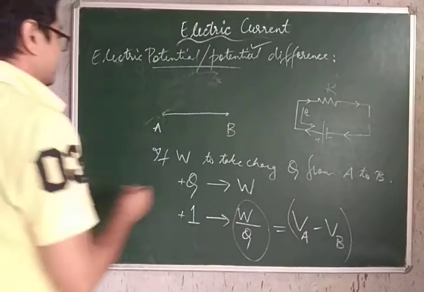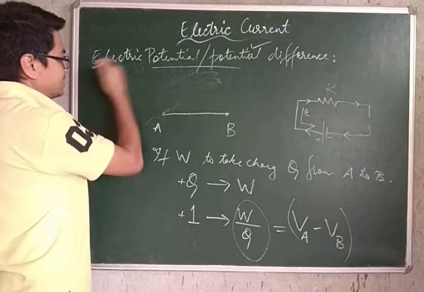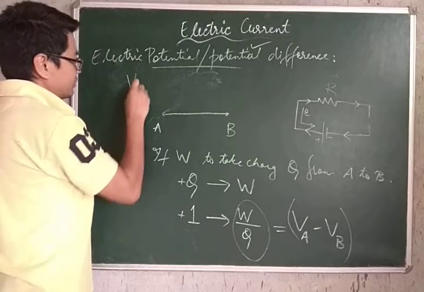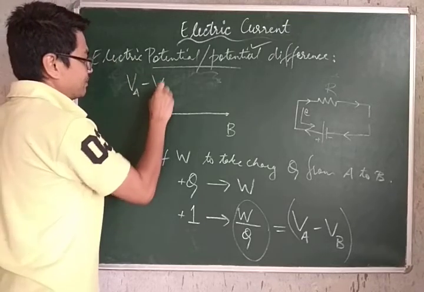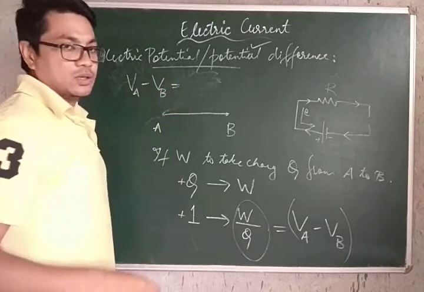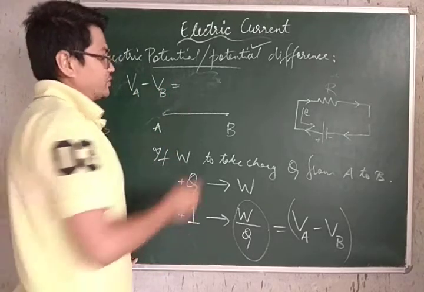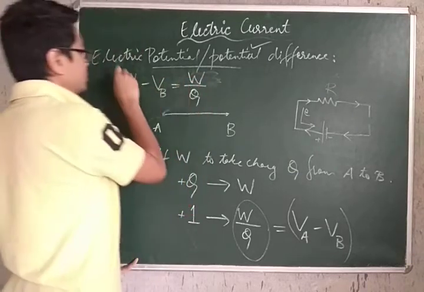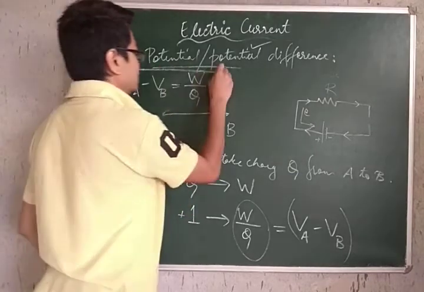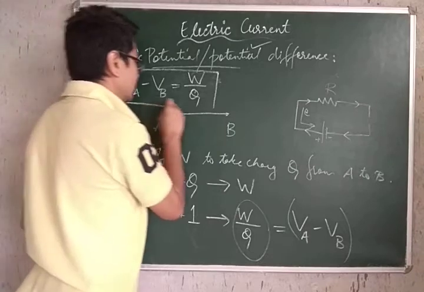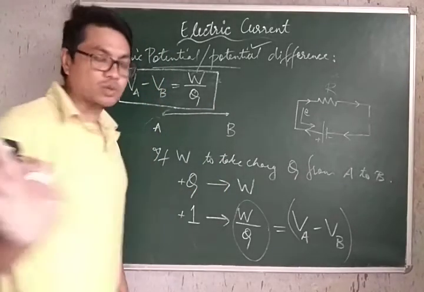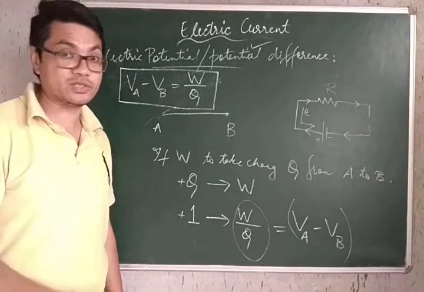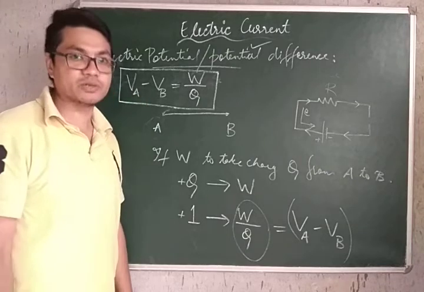Alright, so do remember that the potential difference between these 2 points, VA minus VB, or the potential difference between any 2 points for that matter, is given by the work done to take a unit positive charge from one point to the other. No one is going to ask you to define potential difference, but you need to understand it, remember it.